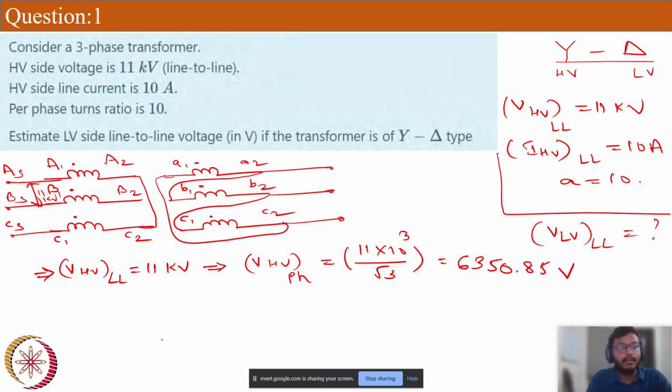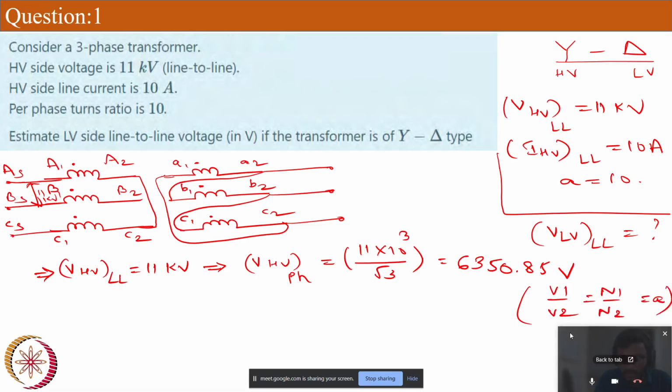And what extra was given? We were given the high voltage side line current. Okay. So we know that V1 by V2 is equal to N1 by N2 is equal to A, the turns ratio.